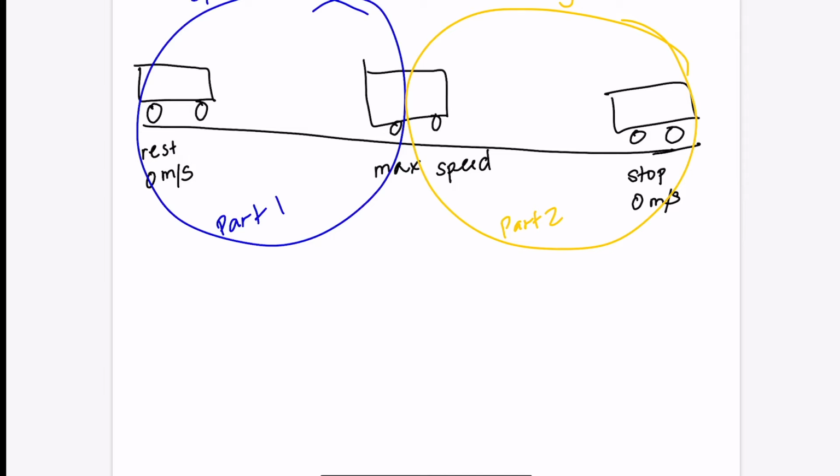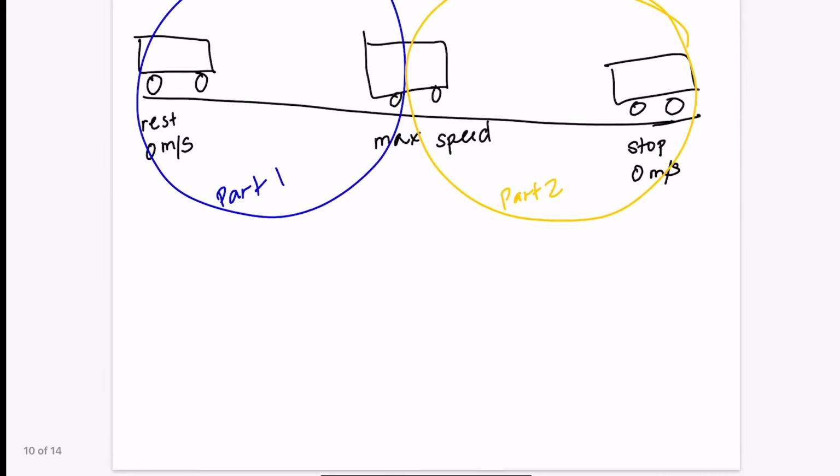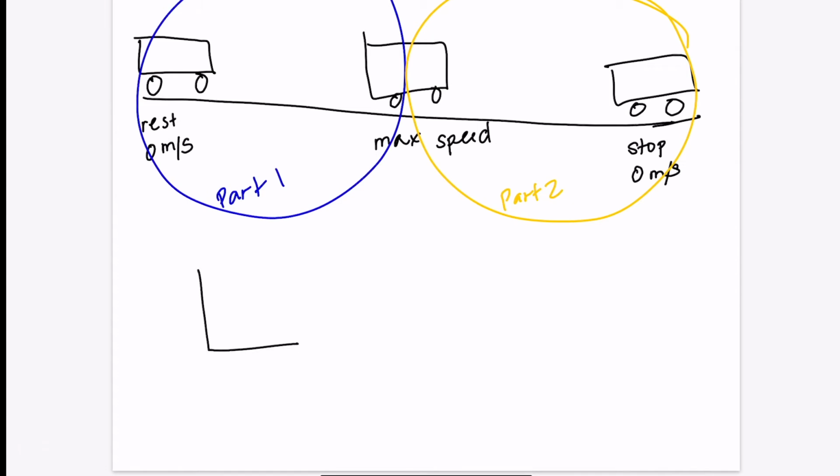And so what you're going to remember is how we talked about on position time graphs what speeding up and slowing down means, right? You want to go back in your previous class kicks and talk about what it means to speed up and what it means to slow down.